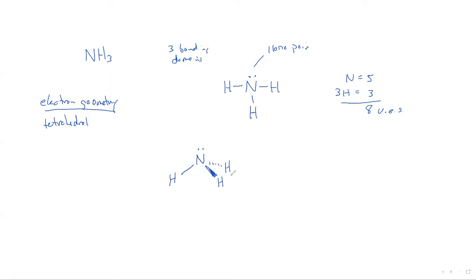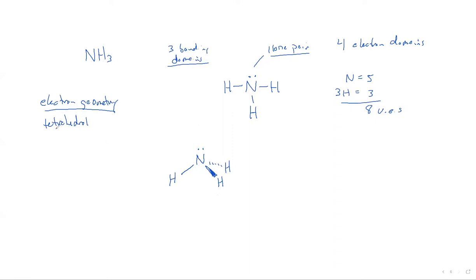All right, so it takes on the same tetrahedral electron geometry because there's 4 electron domains. There's 3 bonding and 1 lone pair. Or if you don't like long phrases, you could just say 4 electron groups.